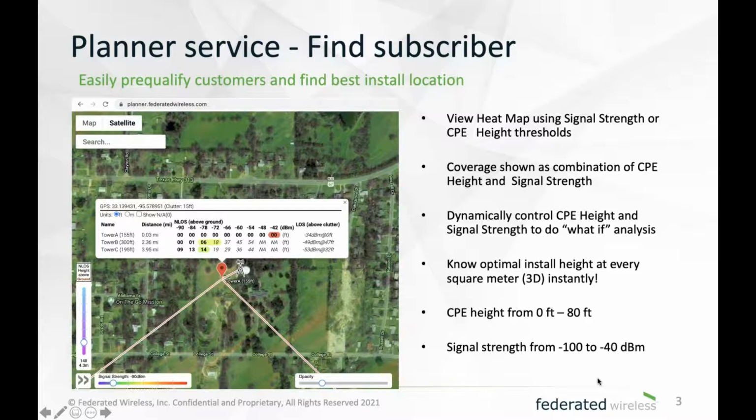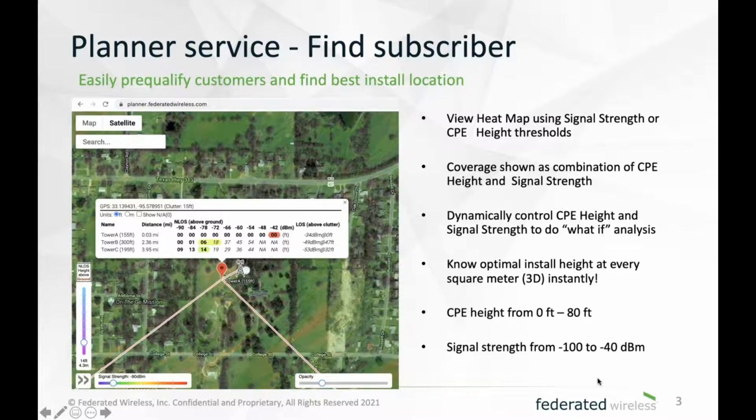In this planner, they can change the height, they can change the desired signal strength, and they can overlay the heat maps onto a map view or a satellite view, and be able to get more details if a potential customer has more questions around it.